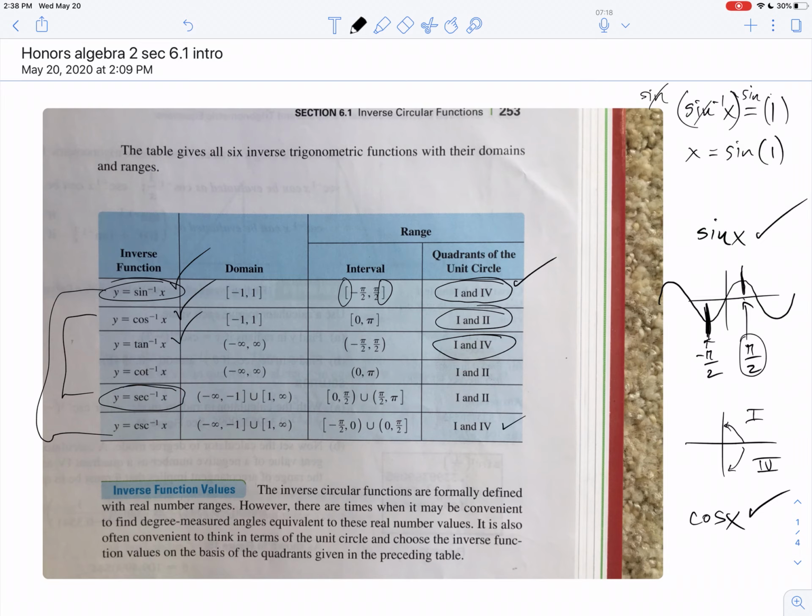But be careful here. Cotangent has different asymptotes than tangent, so don't think what works for tangent works for cotangent. That's different. You have to think back to your graphing days, way back when we were drawing these graphs. If you draw a tangent graph, those are its asymptotes. If you draw a cotangent graph, those are its asymptotes.